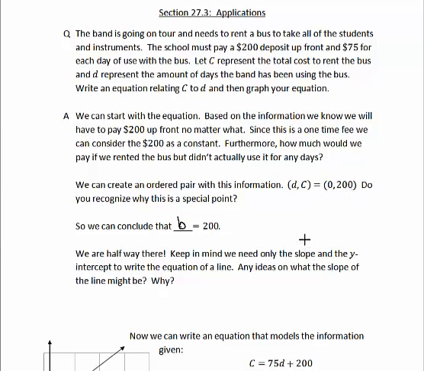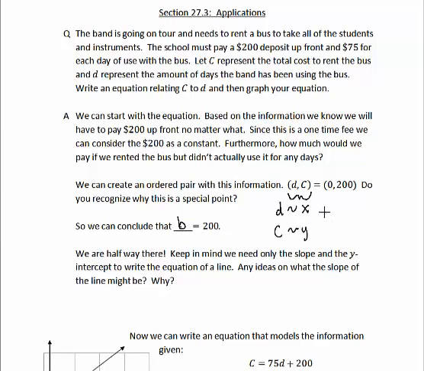And what we want to do, this is important in how we changed our ordered pair because we're not given variables x and y. We're given d, the number of days, and c, the cost to rent the bus. And so in this case, by writing d first and c second, what we're saying is that d is sort of our x variable and c is our y.